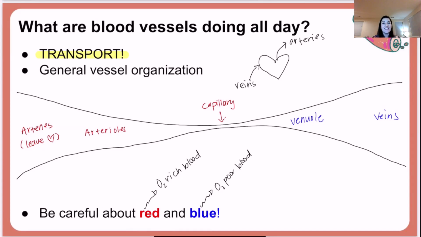Most days, in systemic circulation, it is true that arteries are red, they're carrying oxygen-rich blood, and veins would be considered blue in our textbook, oxygen-poor blood. In systemic circulation, that's true, but in pulmonary circulation, we take oxygen-poor blood away from the heart in arteries, and we return oxygen-rich blood in veins. So in pulmonary circulation, it does get a little backwards. So just keep that in your brain. Okay, so blood vessels, that's what they do, transport.